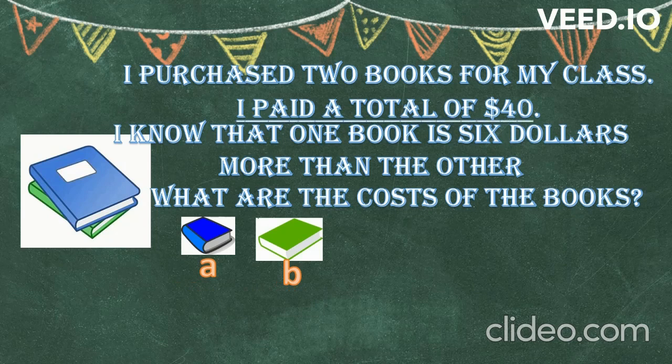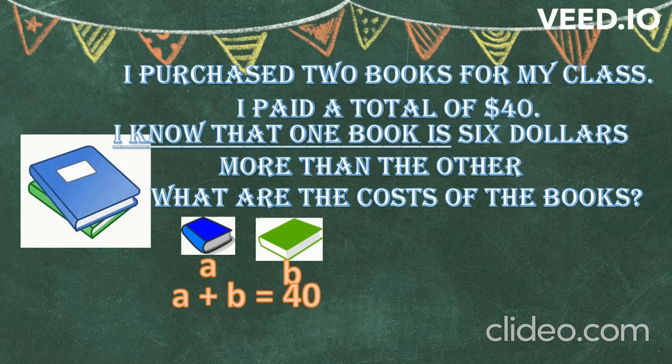Now I paid a total of 40, which means cost of one book plus cost of two books. A plus B makes 40. Is that clear? I know that one book is $6 costlier than the other.